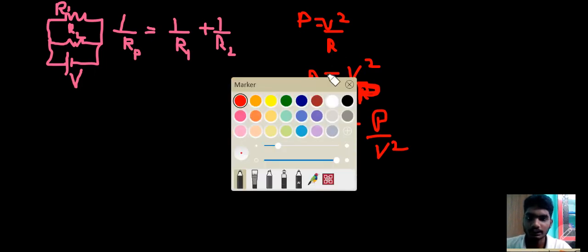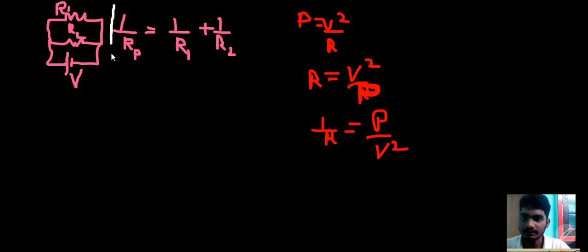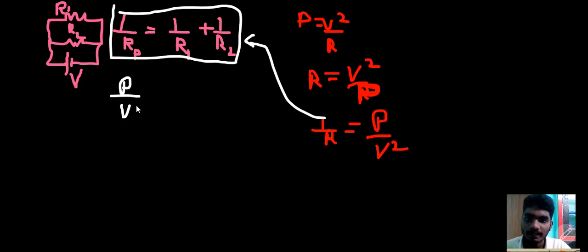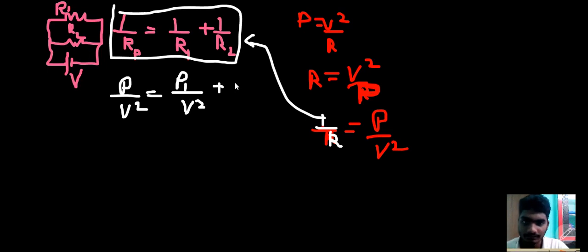I'm just continuing the equation right here. This equation needs to be continued by substituting this. So the total power by the potential difference is equal to, this is in parallel. We took 1 by R only, so 1 by R we can directly substitute, 1 by V square. V square is always constant in both cases, which we know very well.